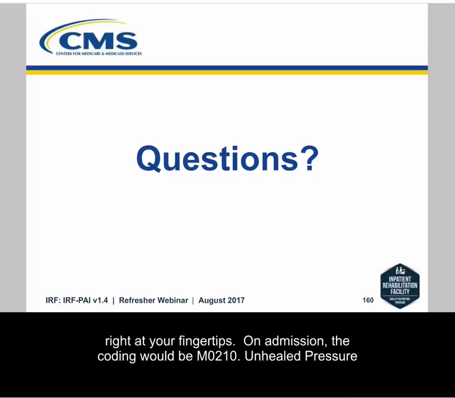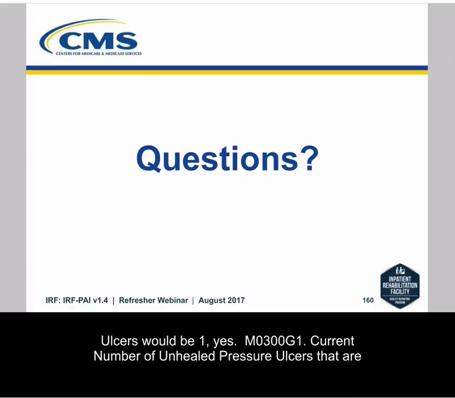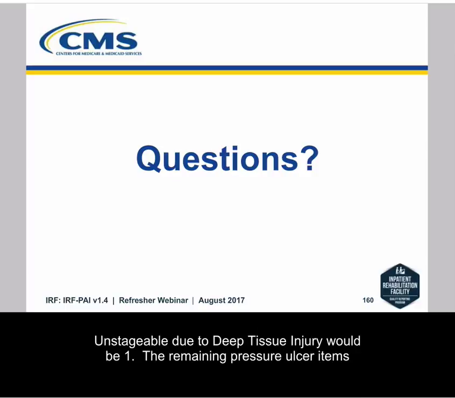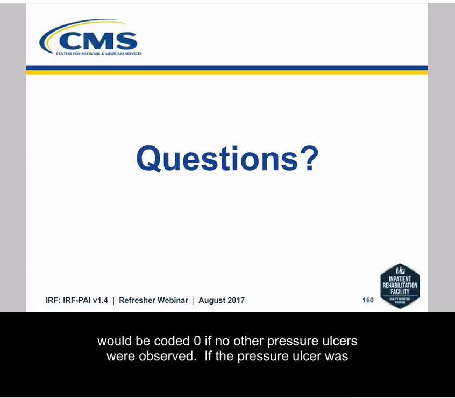On admission, the coding would be M0210, unhealed pressure ulcers would be 1, yes. M0300 G1, current number of unhealed pressure ulcers that are unstageable due to deep tissue injury would be 1. The remaining pressure ulcer items would be coded 0 if no other pressure ulcers were observed.